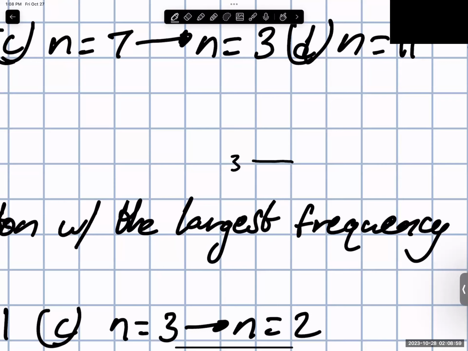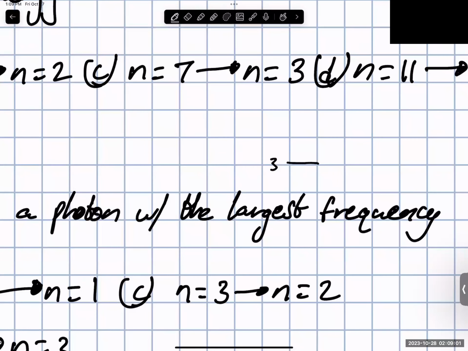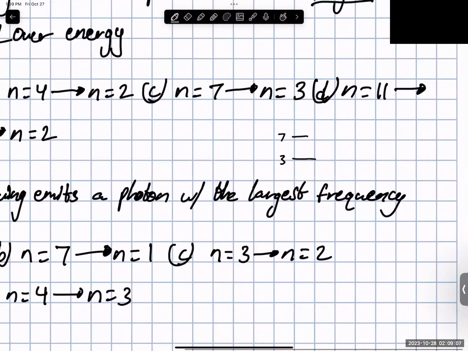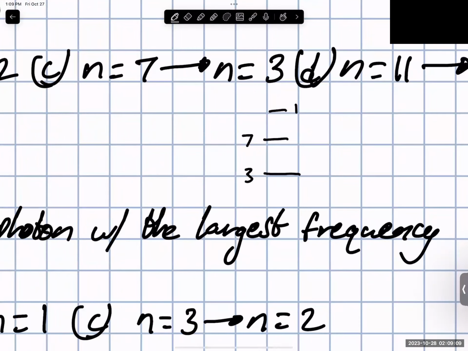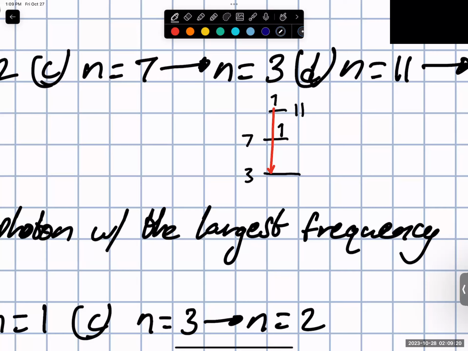And we know in C right here, we have 7 to 3, right? So we are here, versus in D, we're 11 to 3. So we're up here. And we know this electron is either jumping all the way down to 3 like this, or it starts in this energy level and goes down.